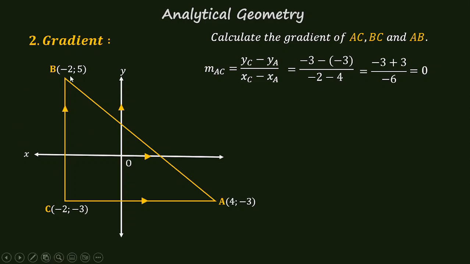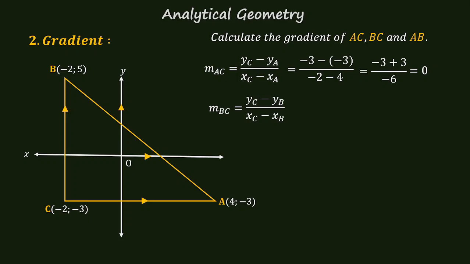And for the gradient of the straight line BC, since BC is parallel to the y-axis, its gradient is undefined. A straight line that is parallel to the y-axis will not have a gradient, so its gradient will be undefined. But we can show that with calculations.